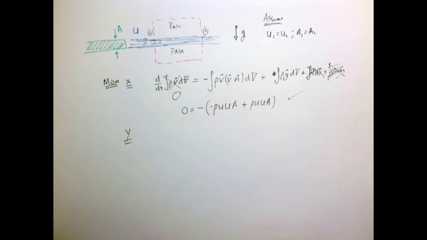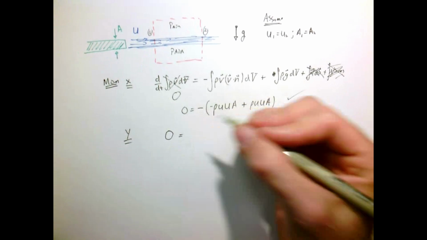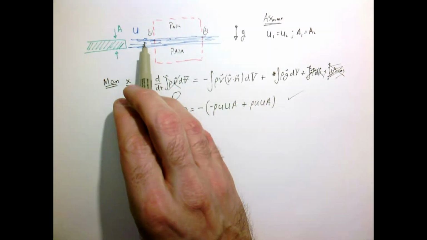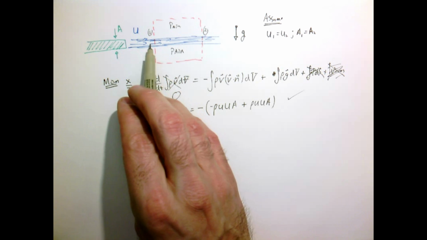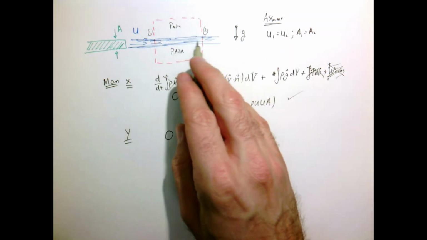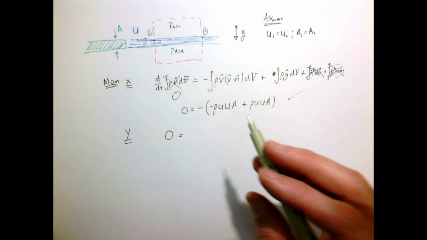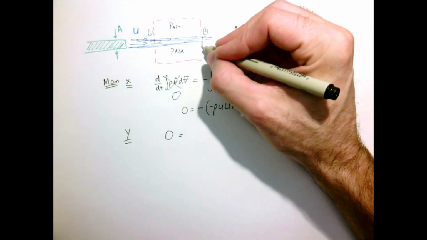Now let's look at the y direction. So this expression still holds, so we have 0 equals. Here our flow is coming in, and it's perpendicular, so there's no component. Here, though, something has to happen because we're going to include gravity. So let's just assume there's a little bit of flow downwards, v.